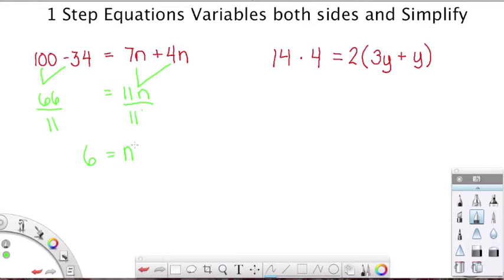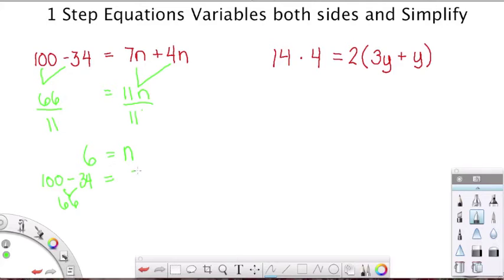And if we go back and plug in or evaluate this expression with n being equal to 6, we would find out that this is true. Because if we take 100 minus 34, we would get 66. We already did that math.